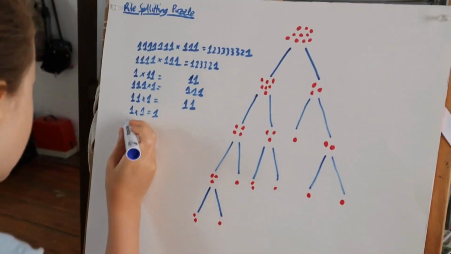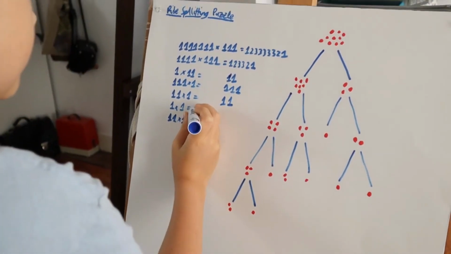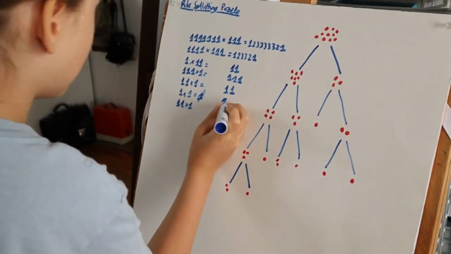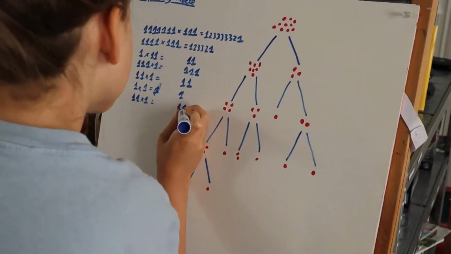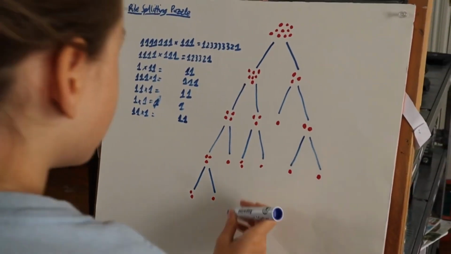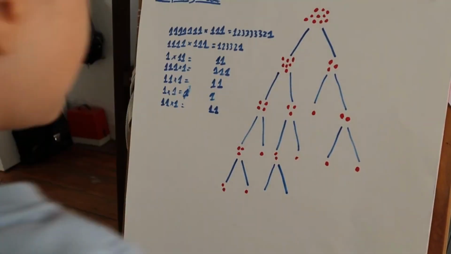So we get 11 times 1. Wait, hang on. I'm gonna put the 1 over here to line these up nicely. This is gonna be 11. Split 2?